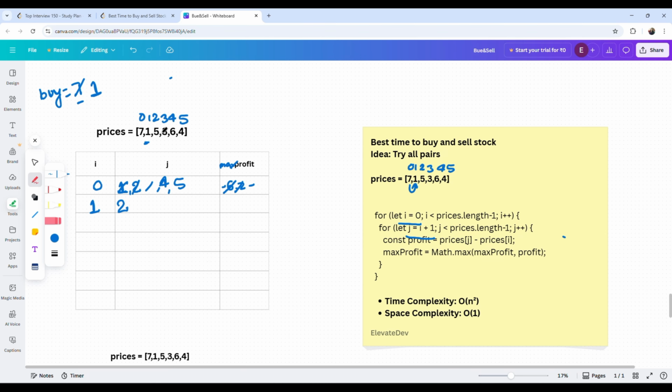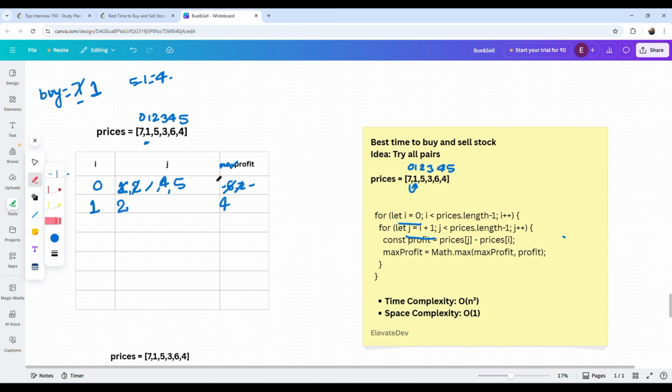For i equals 1, price of j minus price of i, 5 minus 1, is equal to 4. So the maximum profit in this case is going to be 4.